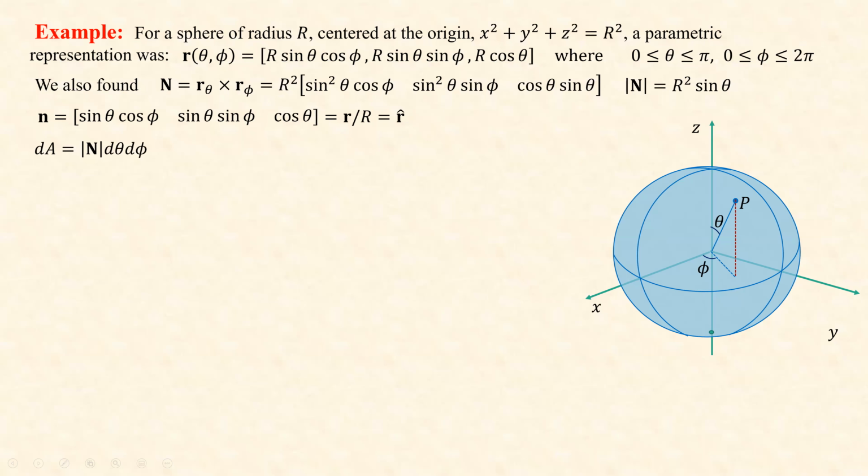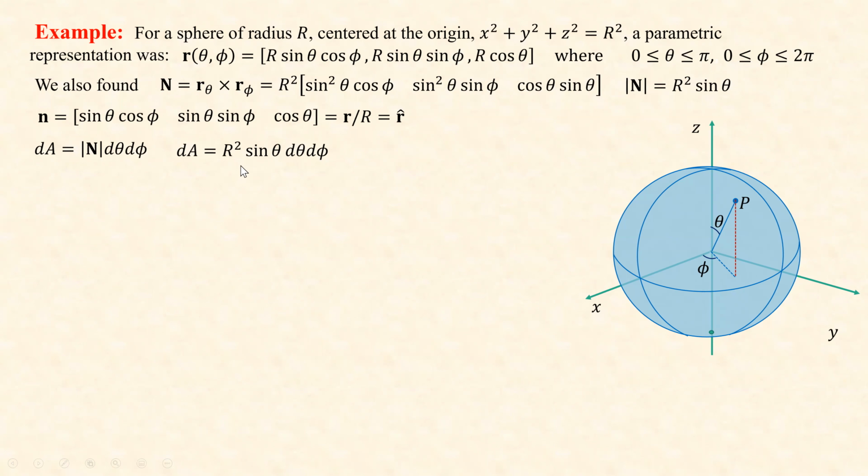And we talked about dA being the magnitude of this normal vector times the d of each parameter, du dv, in this case theta and phi, and you can write that as r squared sine theta d theta d phi. Let me see, but this one is correct.